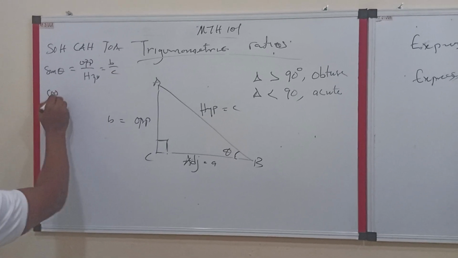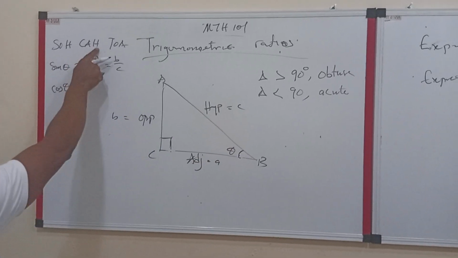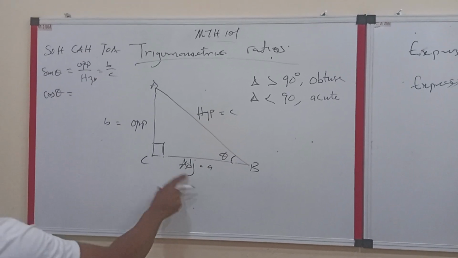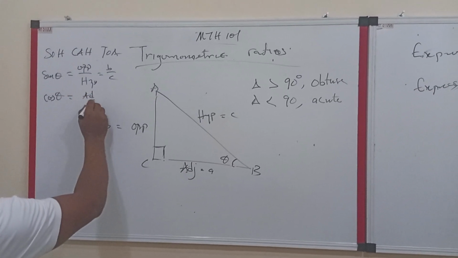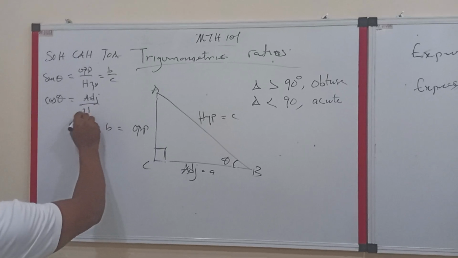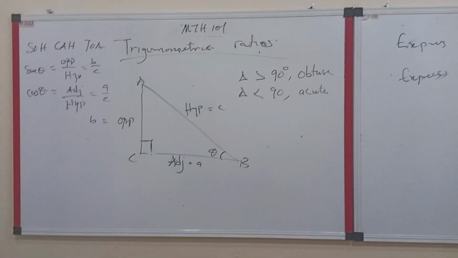Then the cos of this angle is adjacent over hypotenuse, whereas the adjacent here is A, all over hypotenuse, which is A all over C.